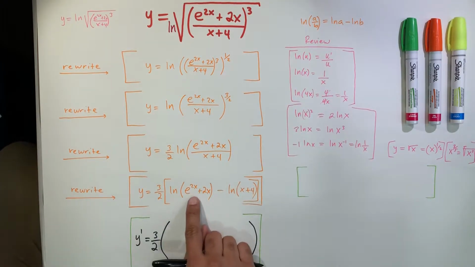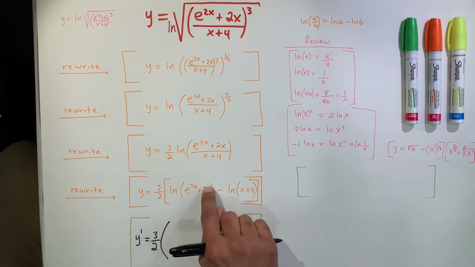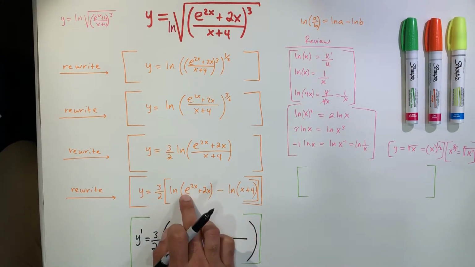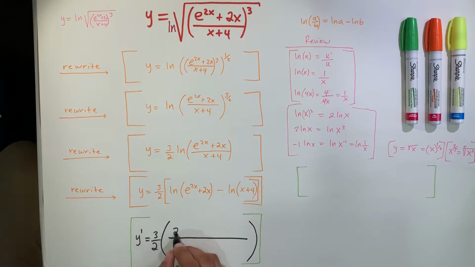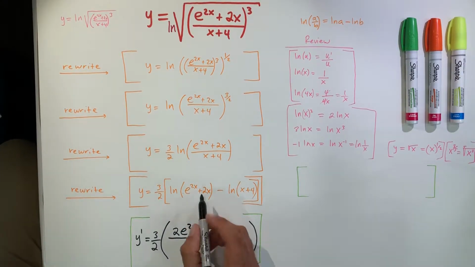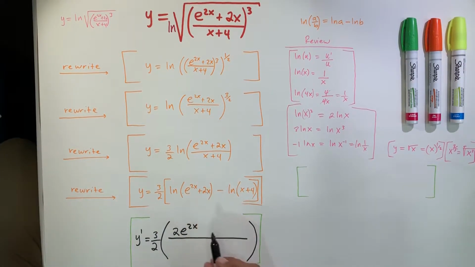So the derivative of whatever's inside goes on top: the derivative of e to the 2x is going to be 2 e to the 2x, because we bring the derivative of the exponent out front, times the same thing we just had. The derivative of 2x is just going to be 2.